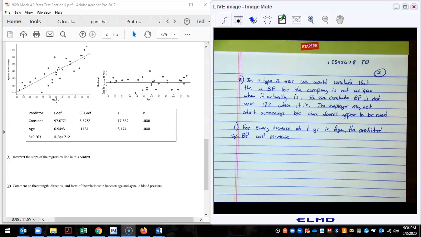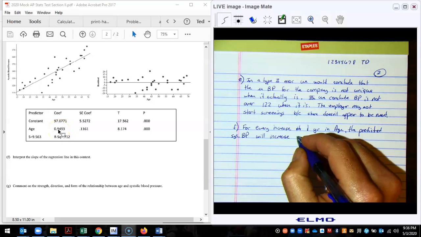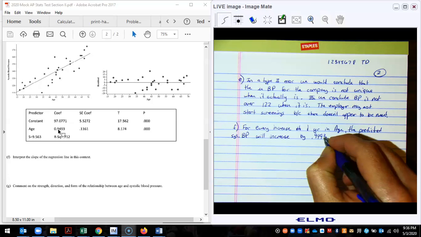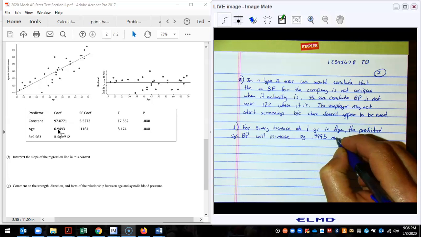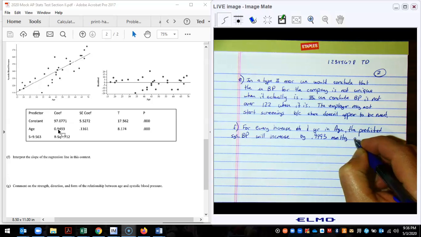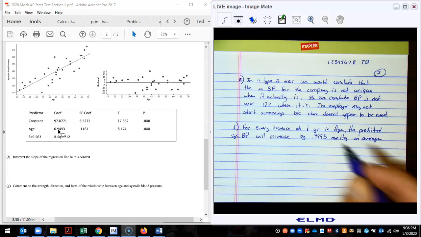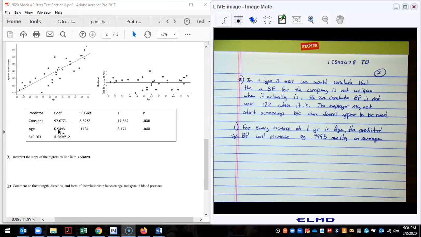We knew it was going to increase because my slope is a positive 0.9493. It will increase by 0.9493 millimeters of mercury on average. We either need to have "on average" there or "by about," because we're not going to use deterministic language. That's what we're trying to write here.